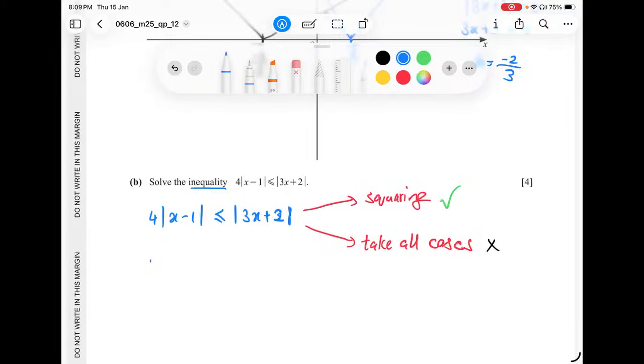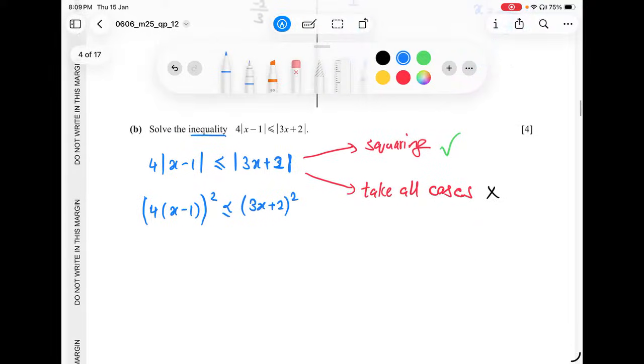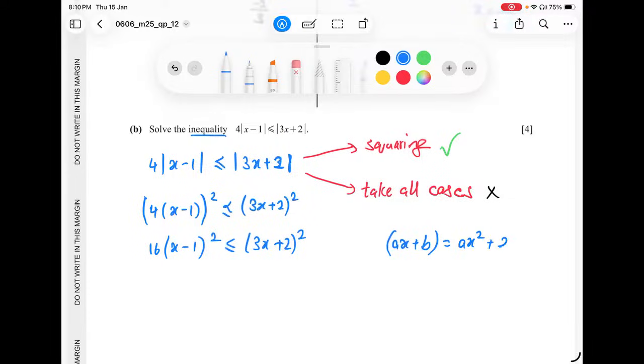In the squaring method, you square the whole thing. So basically 4 times x minus 1, the whole square, and this should be less than or equal to 3x plus 2, the whole square. Now 4 squared will be 16, times x minus 1 squared, less than or equal to 3x plus 2 squared. Now expand it using the formula: ax plus b squared equals a squared x squared plus 2ab plus b squared.